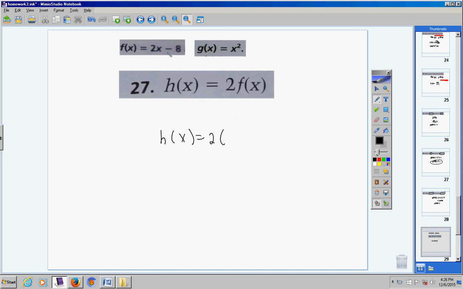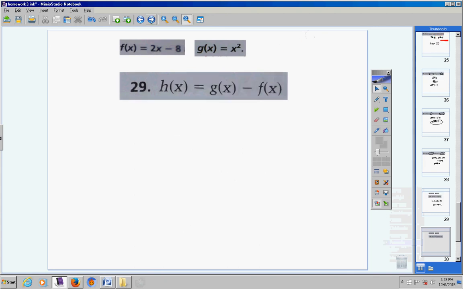Here's the f function right here, 2x minus 8. So 2 times the f function. So take your 2 and multiply it through. h of x equals 4x minus 16. Alright? 4x minus 16. Alright, moving on.